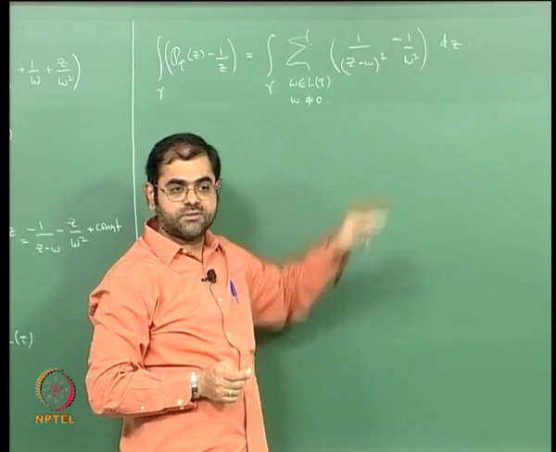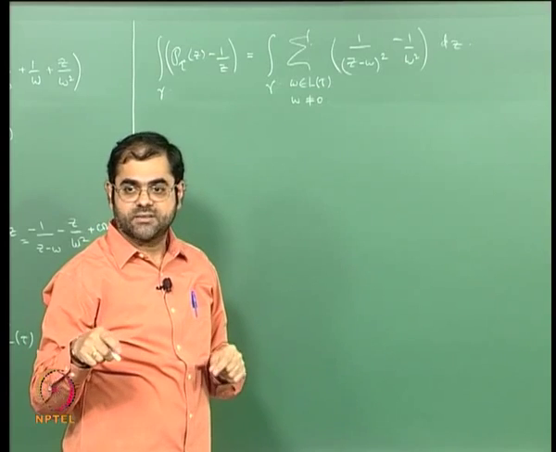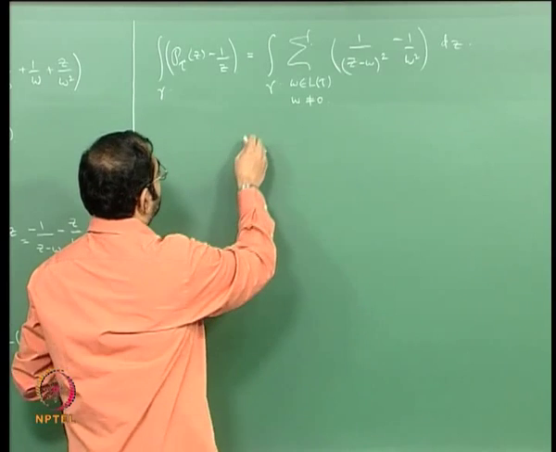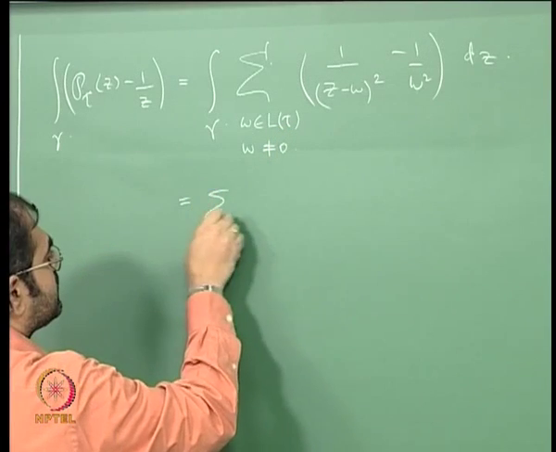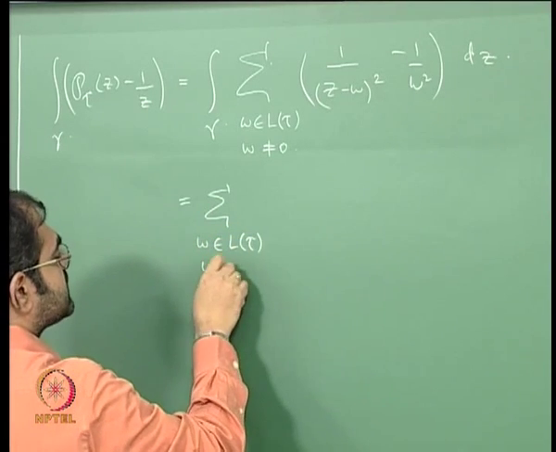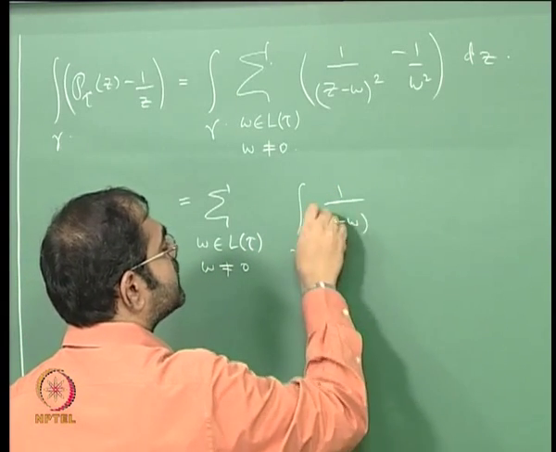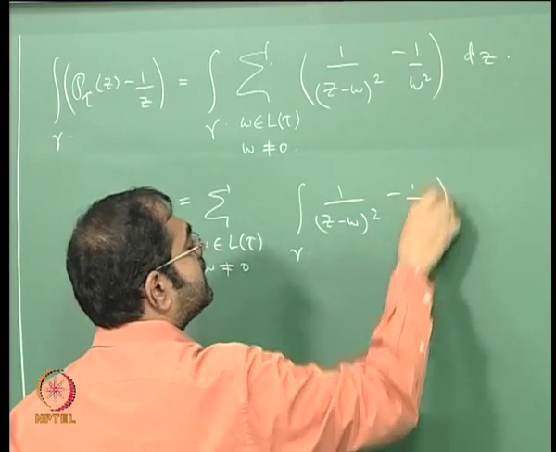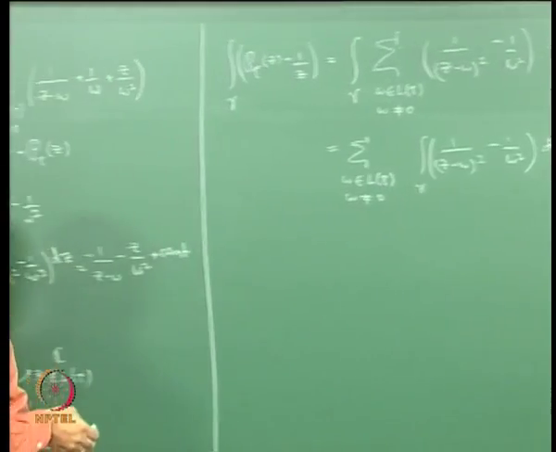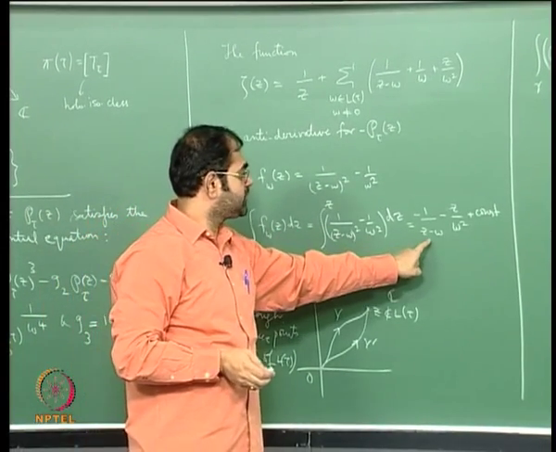In particular, the uniform convergence will also hold on any path, since any path is a compact subset, because it is both closed and bounded. So you can interchange this summation and integration and write the integral over gamma of 1 by z minus omega the whole squared minus 1 by omega squared, dz, and this is just the integral of f sub omega of z dz, which turned out to be this.